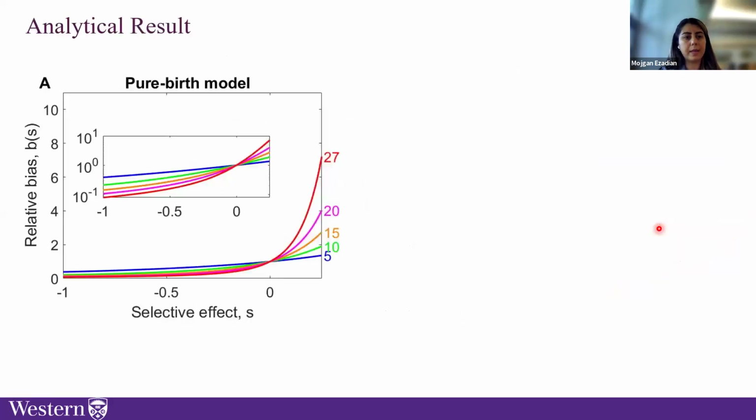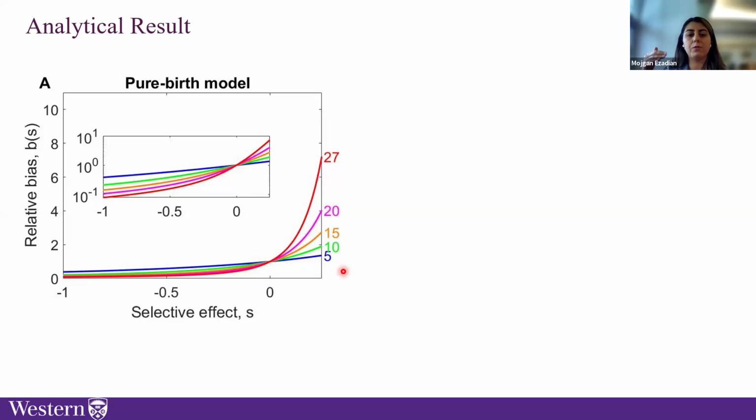So let's talk about the analytical results. This plot shows the relative bias plotted versus selective effect S. For S bigger than 0, the beneficial mutations have a higher relative bias for different numbers of generations, from 5 to 27.